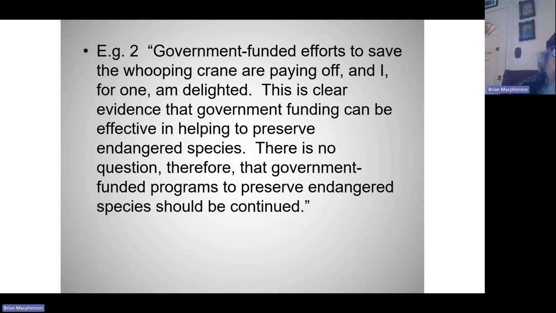And that's perfectly okay, but it doesn't play any role in the argumentation. We call statements or parts of sentences that don't play any argumentative role in a passage extraneous material. Extraneous material. They don't play any argumentative role in the passage.